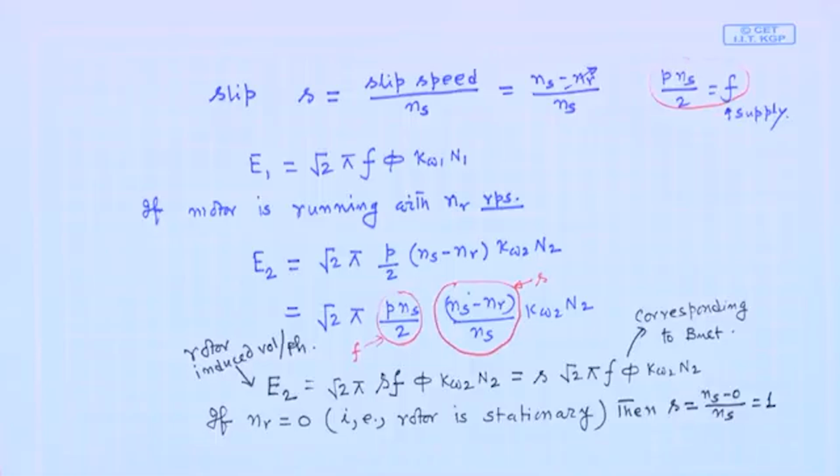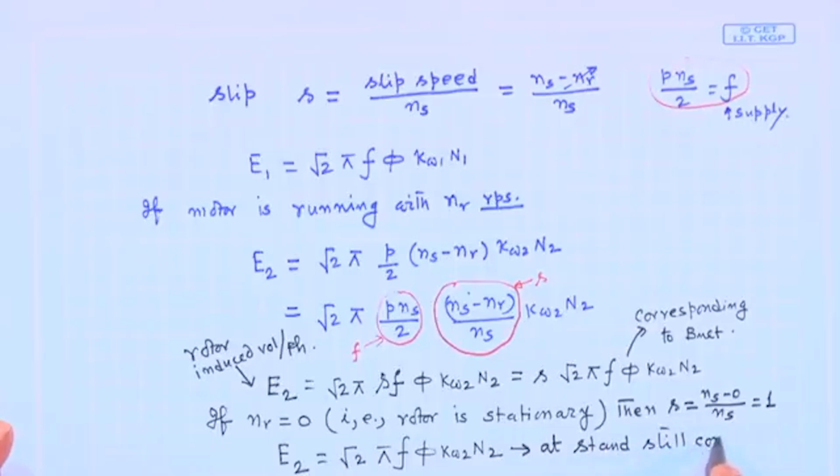Slip is then 1, and if slip is 1, the rotor induced voltage per phase is root 2 pi f phi kw2 N2. People say it like this: at standstill condition. So, put S equal to 1.